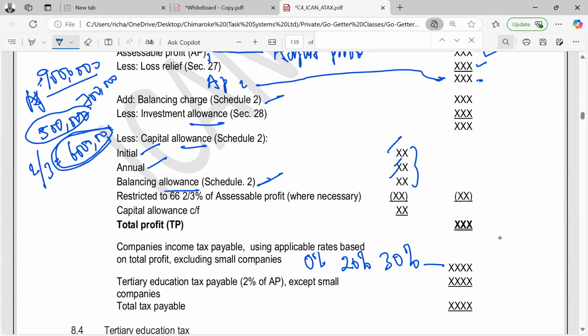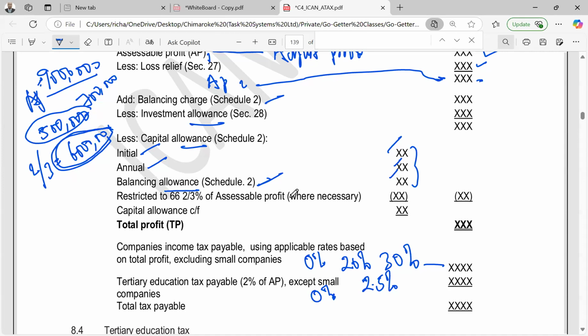Then you will now apply education tax. It's 2.5% for medium and large companies. A small company does not pay education tax. This is because its income tax is already 0%, so that means its own TET is also going to be 0%.